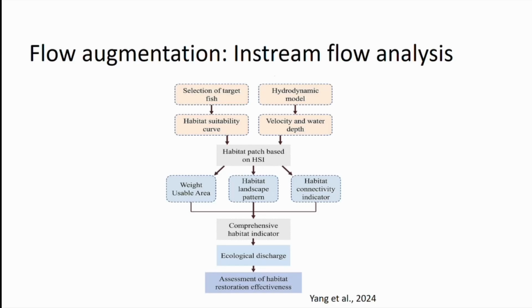Another way that we can adopt is in-stream flow analysis or regulating how dams release flow downstream so that there will be enough for ecosystem processes and the survival of fishes mainly.